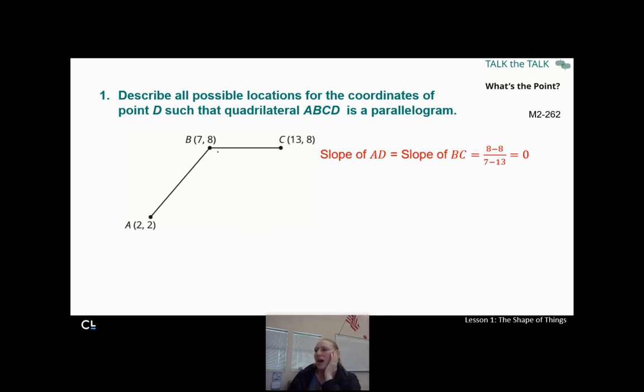And my next thought was, what is the distance of this? I know I'm just coming straight out, but how far straight out am I going? Well, 8 and 8 are the same, but 7 and 13, 13 minus 7 tells me that the length of this is 6. So no up or down, I'm just going to move 6 units to the right.